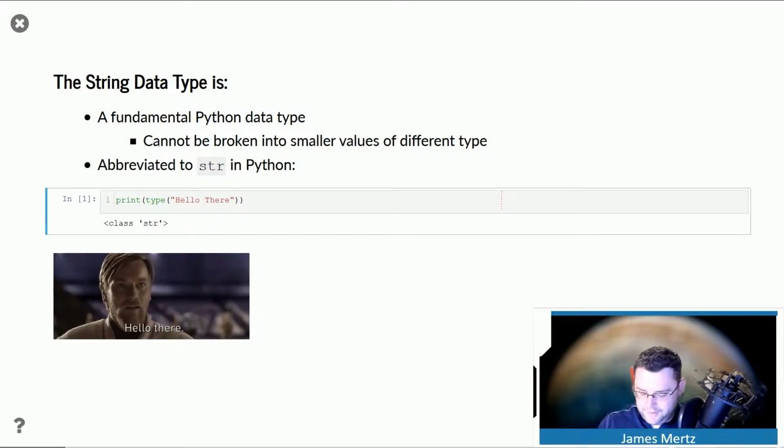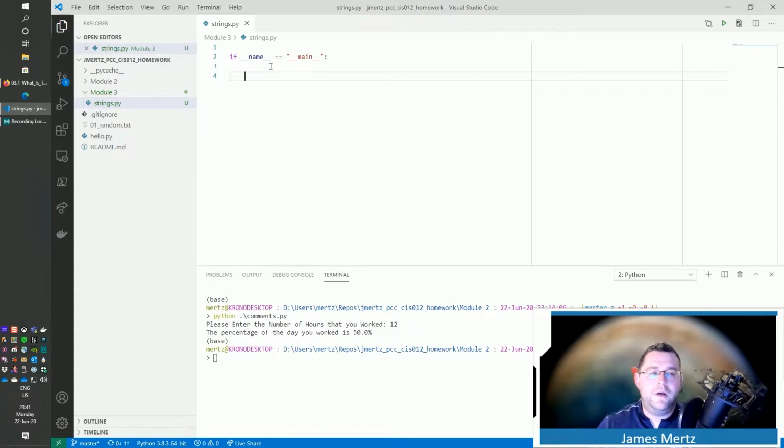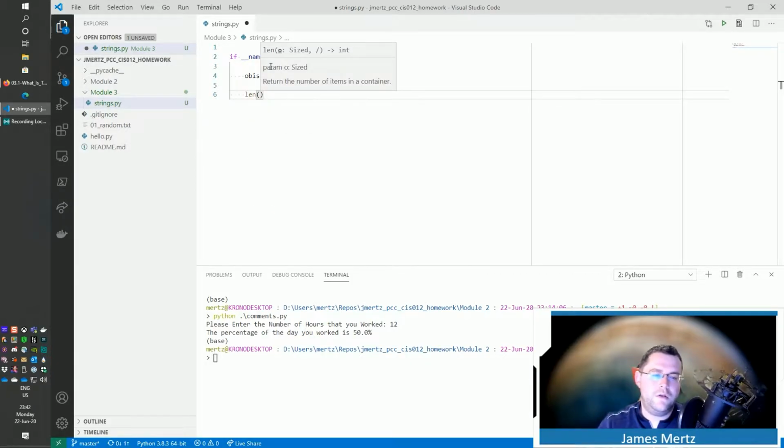Well, some strings have some interesting properties to them. So let's mess around with this. Let's make that "hello there" like this, a proper way. Now, one of the first things we can do is find out what the length of that string is. We can do that by using the len function.